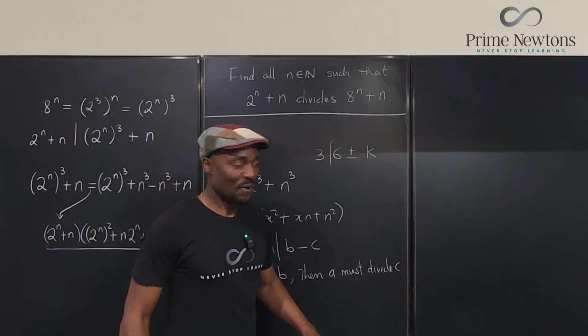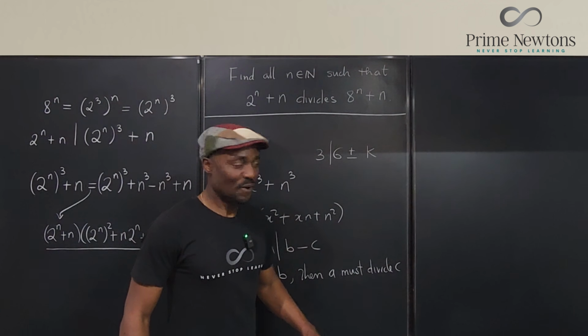That's the same thing. If we claim that this divides this expression, this number is what I just rewrote here, and we know that this divides this, then it must also divide this. Okay, let's clean that up.